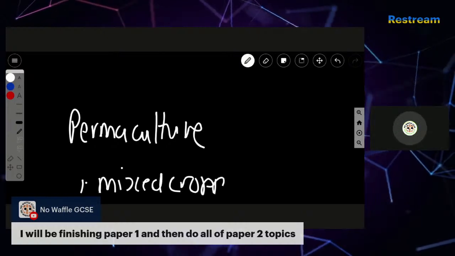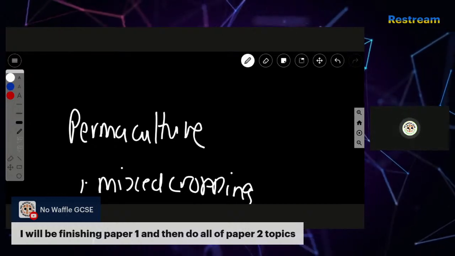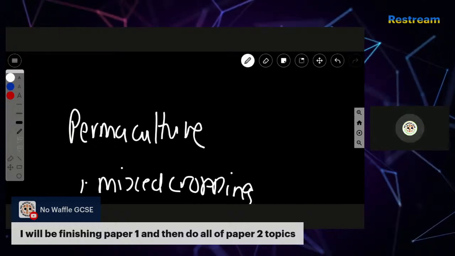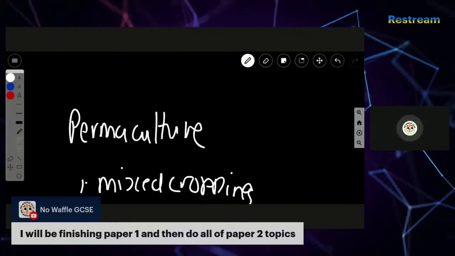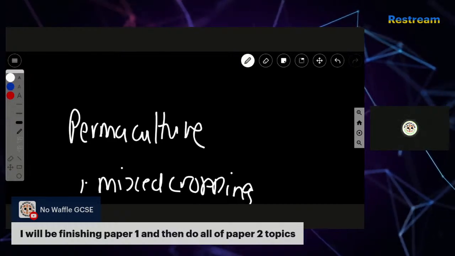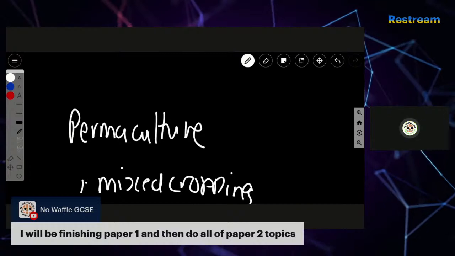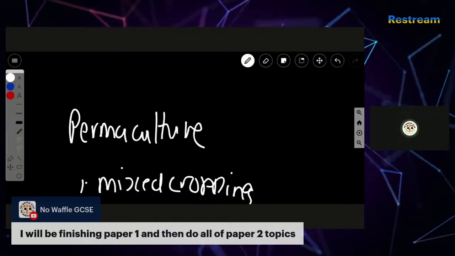Mixed cropping is when plants of different heights and different types are grown in one area. So this means that the available space and light are used better. And this means that there are fewer pests and diseases and less watering is required. Another thing is introducing natural predators, which reduces the need for pesticides.